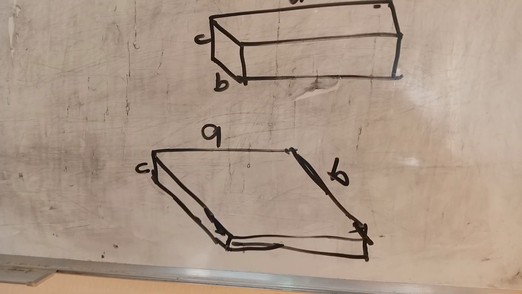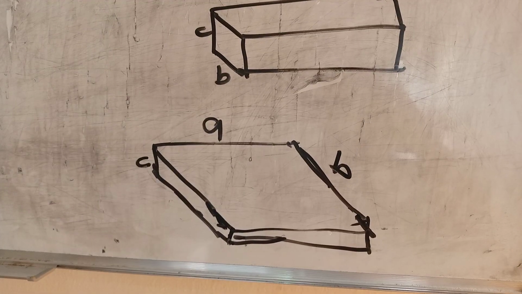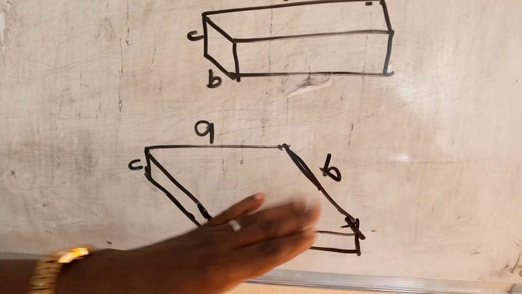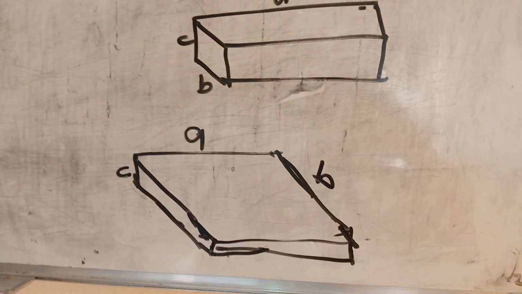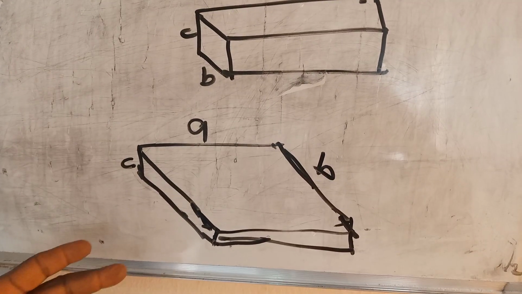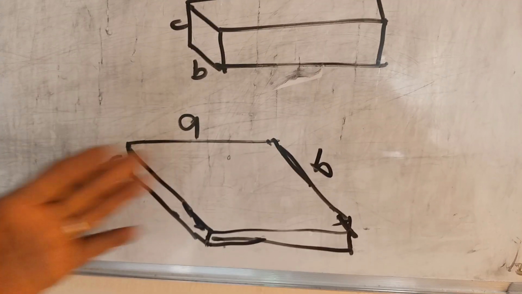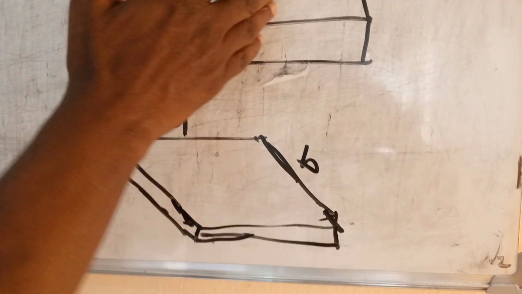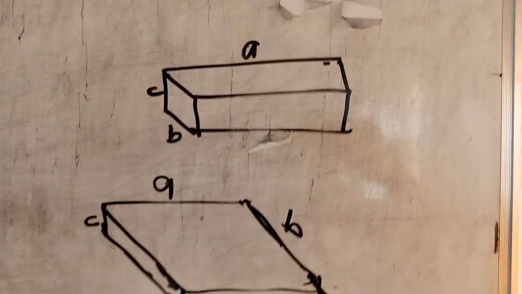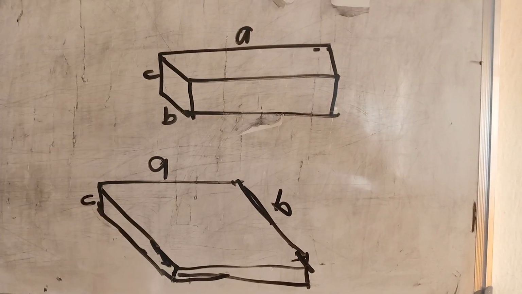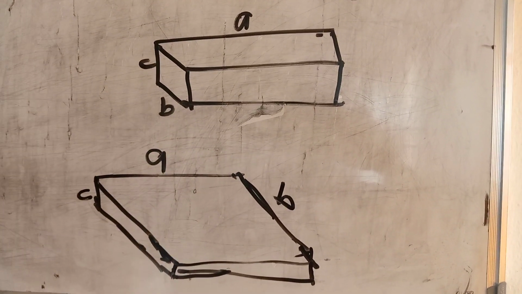In such a case, two of the dimensions are far bigger than one of the dimensions, unlike a beam where one of the dimensions is far bigger than the other two. So now we're going to look at the supports.